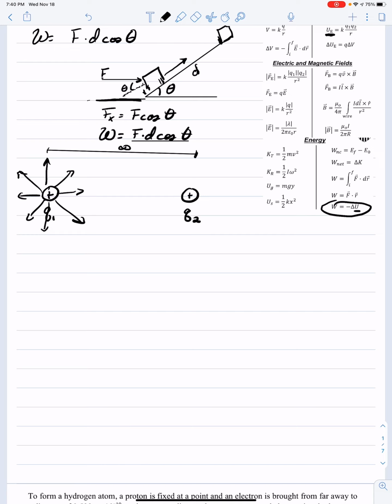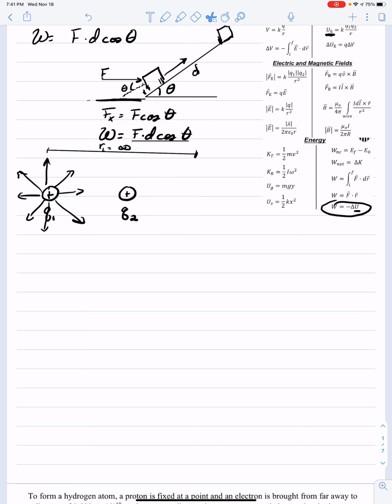That R, let's put it as R initial, as infinitely far away. And then I decide to bring this Q2 ever closer to Q1.